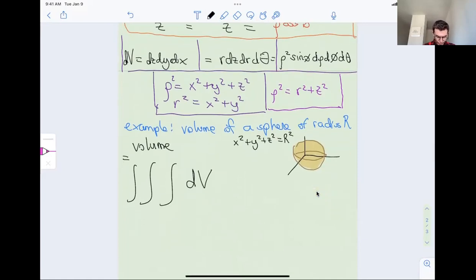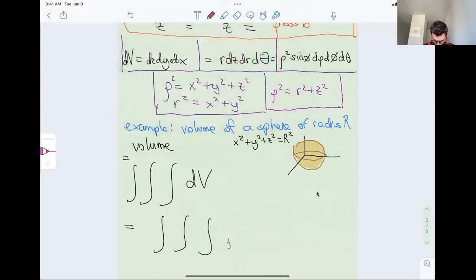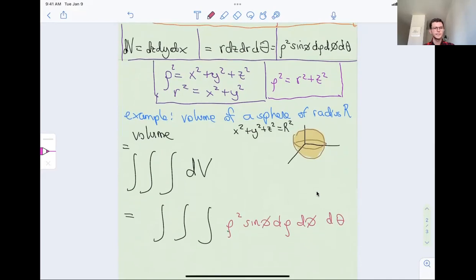But as I just told you, the dV in spherical is rho squared sine phi d rho d phi d theta. So this is the formula for the volume in spherical coordinates.